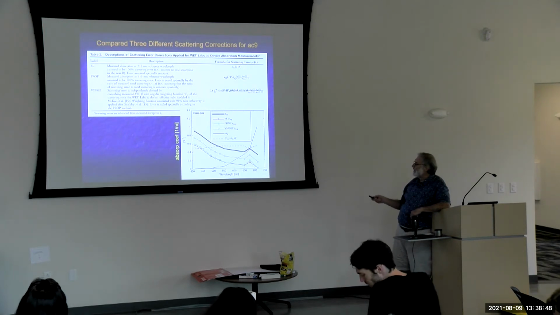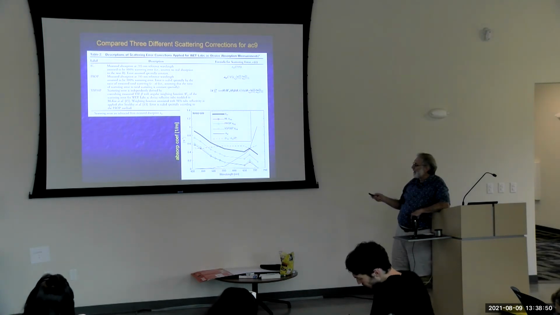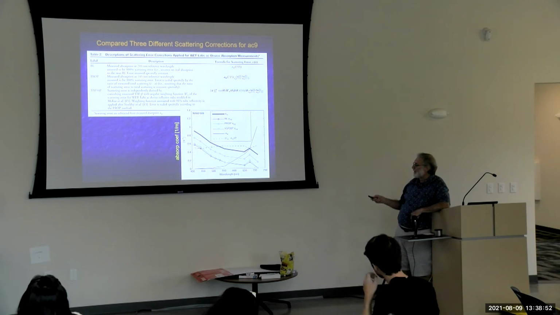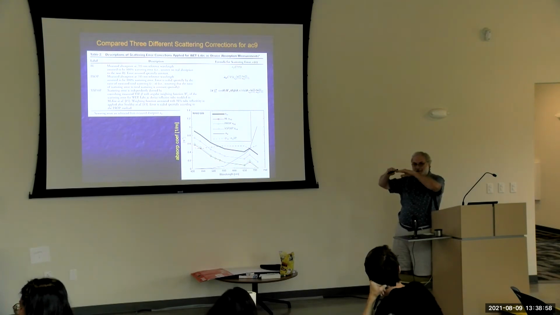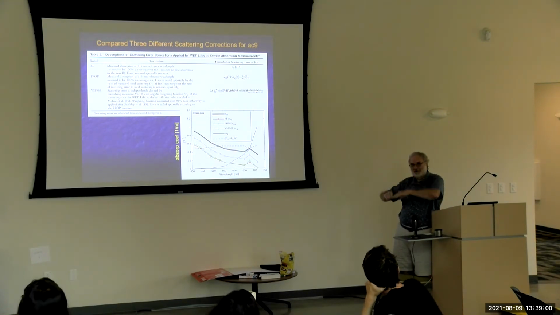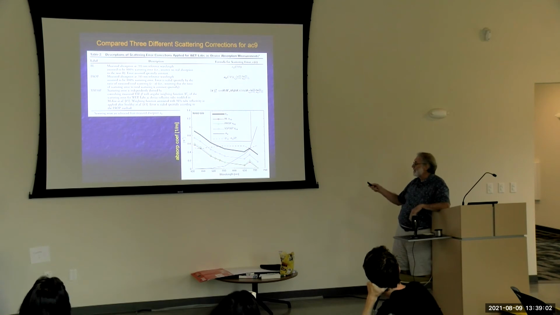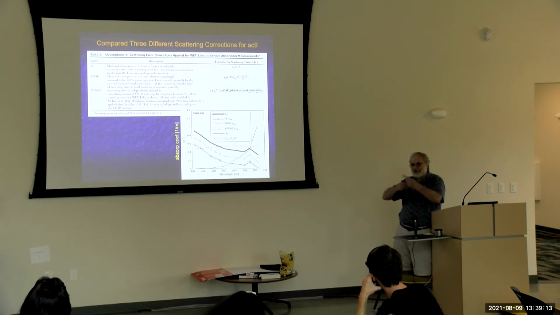So there's a list of what they did. They have three different ways of doing the scattering corrections on their AC9 data. One of them is you just set the non-water part to 0 at 715, then you do this correction. Then they did an iterative correction where they took the volume scattering function at one wavelength and cycled through that.